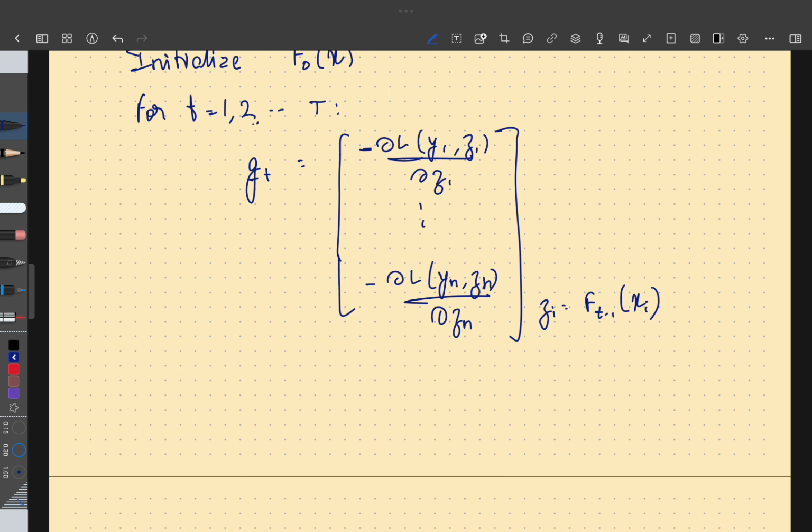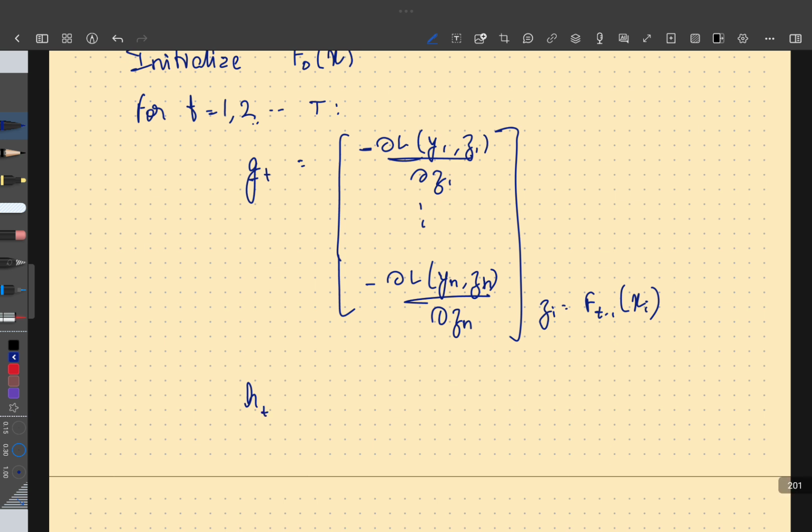So far, I've not used the base class at all. So the next step is to find one predictor from the base hypothesis class that closely approximates the gradient.